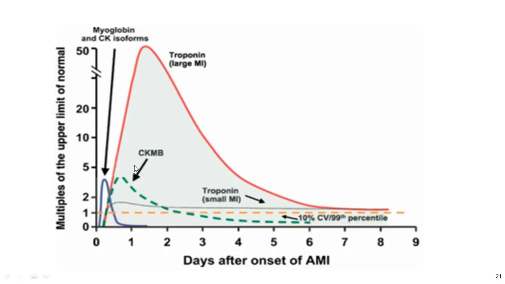So this is troponin I. They rise after the heart failure or MI or ischemia within 3 hours. They go to the peak, and they should be elevated up to 7 to 10 days. You see, this is the borderline. They go to the peak and they are still elevated up to 7 to 10 days.